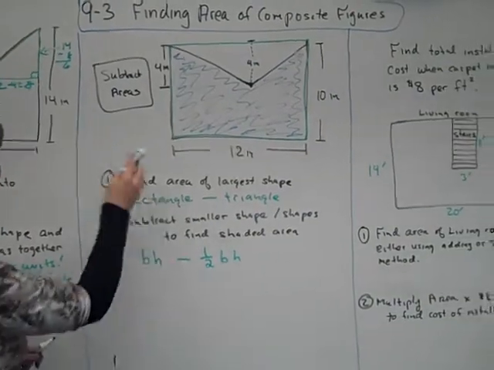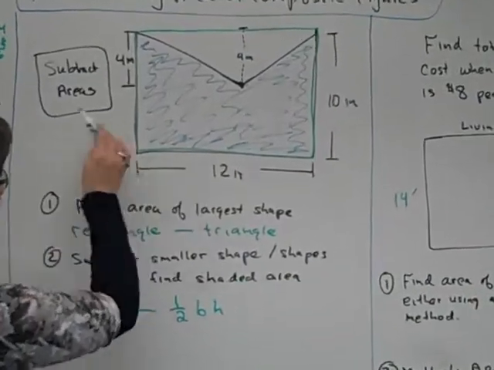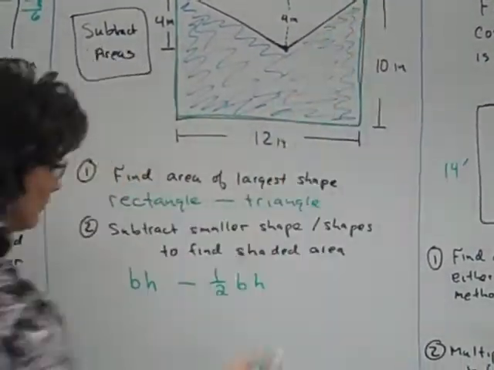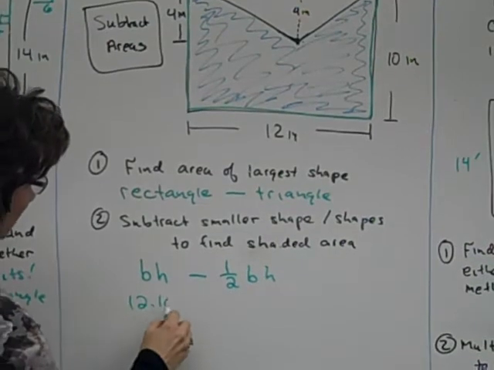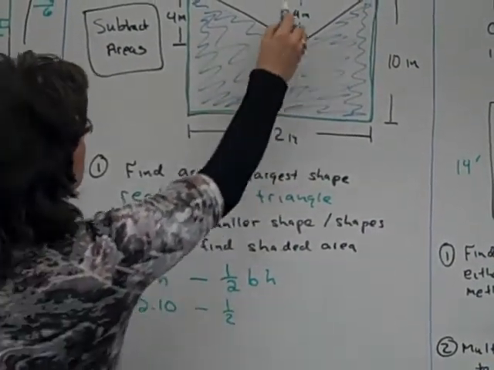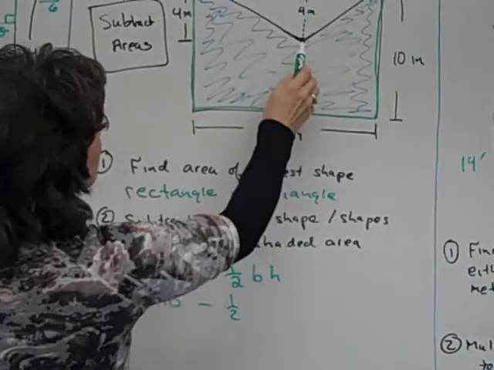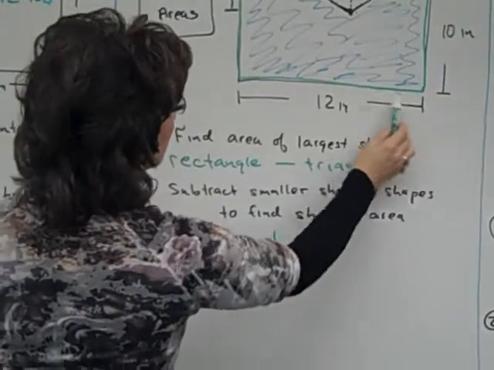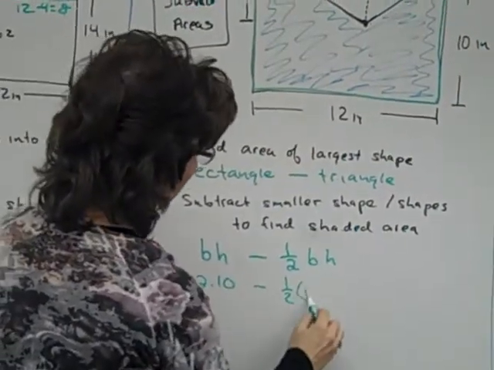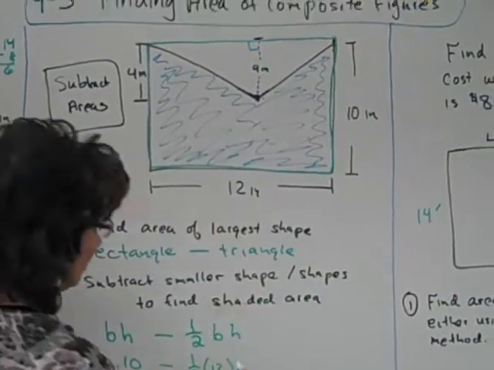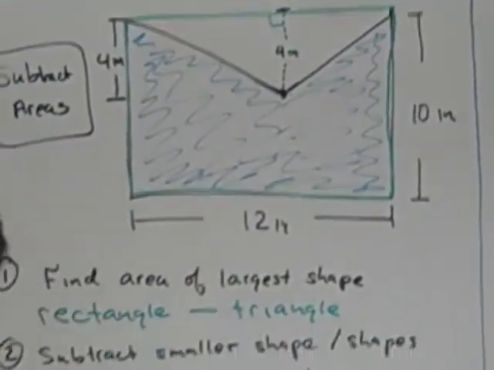Well, coming back up here, the whole rectangle, this whole area, is 12 times 10, base and height. We take away the triangle. Well, you were given this, so I know the base, this length, is the same as this, so it's 12. And the height, remember, perpendicular to the base, so that's 4.